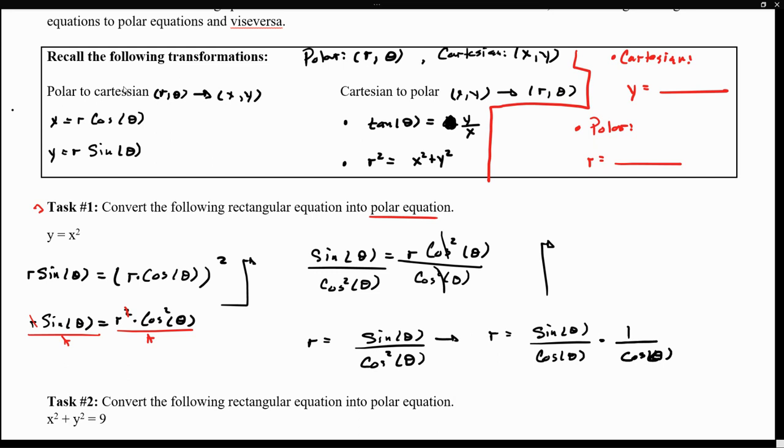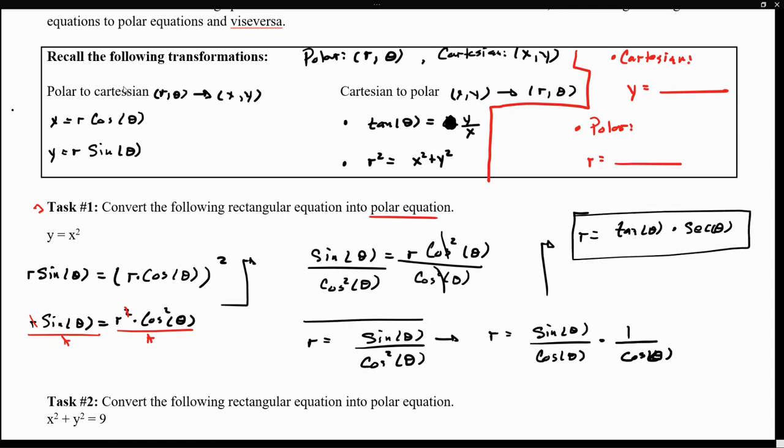Sine over cosine is equivalent to tangent, and 1 over cosine is equivalent to secant. It doesn't really matter if you write it this way or this way. They mean the same, since they both meet the requirements: it is in terms of r, and the only variables present are r and theta.